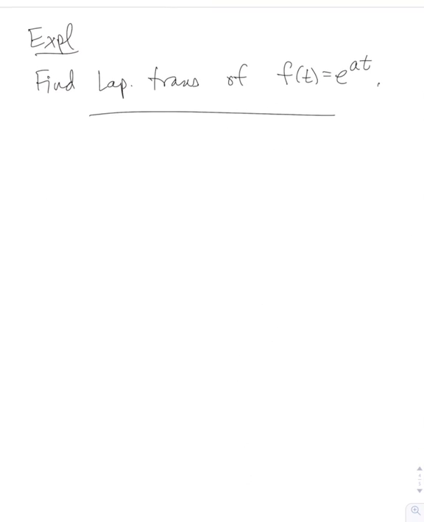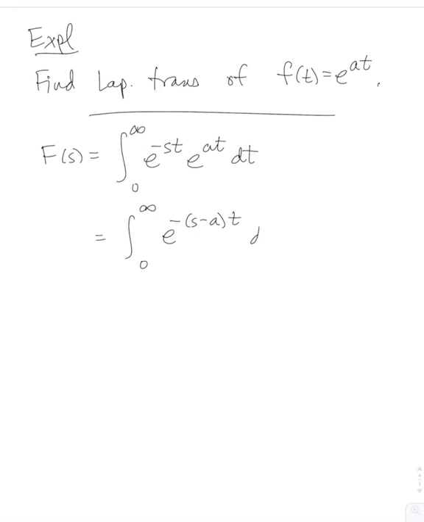Okay, so we're going to write down from the definition, capital F of s, it's the integral from 0 to infinity of e to the negative st times f of t. In this case, f of t is e to the at. Now we can combine the exponentials and write this as e to the negative s minus a times t.